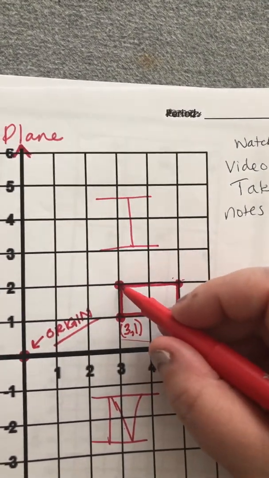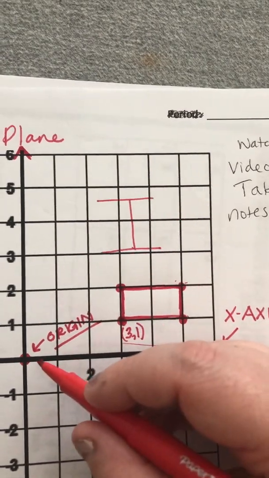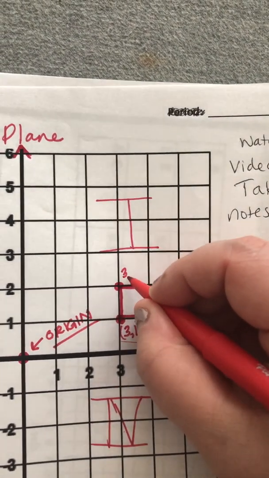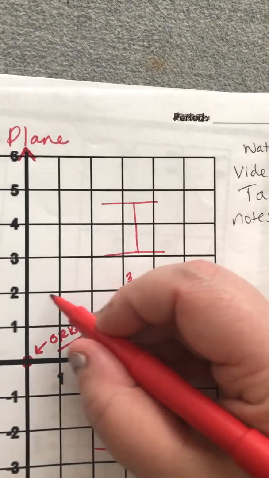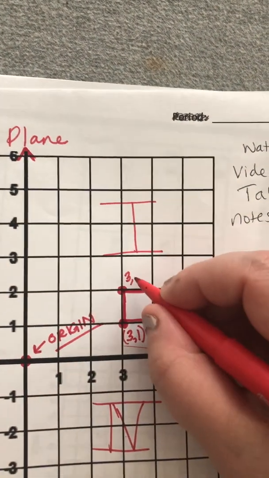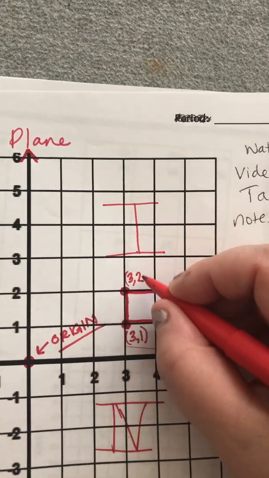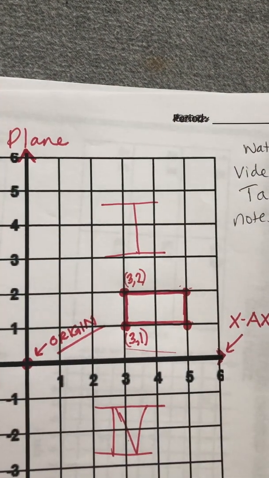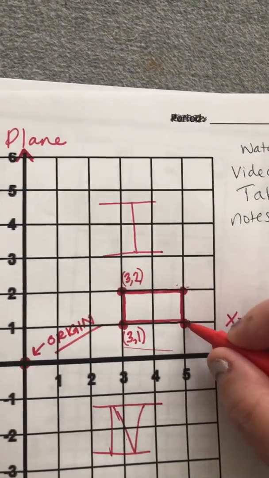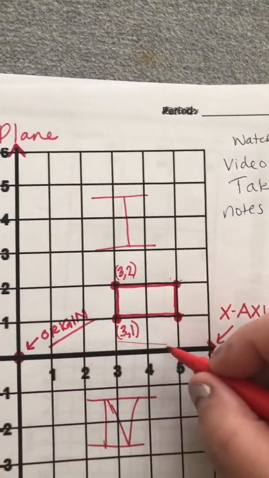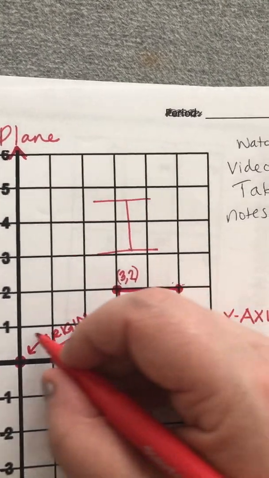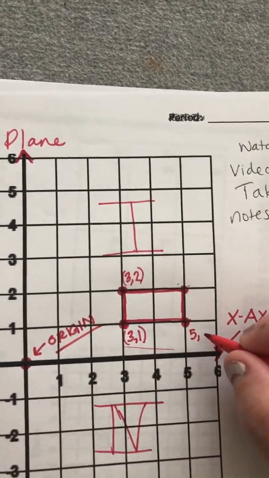What about this spot right here? This one also goes to 3. X is 3, but on the y, it goes to the 2. So the location of that spot is (3, 2). This one goes to the 5 on the x and the 1 on the y.